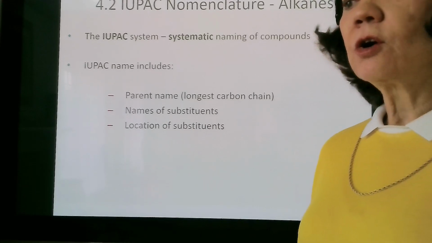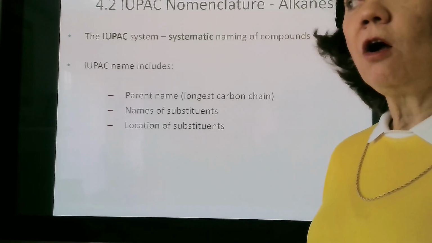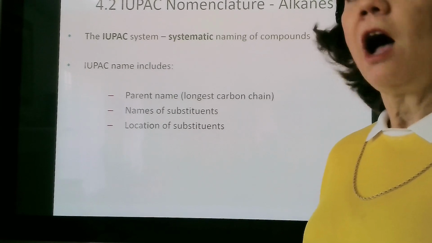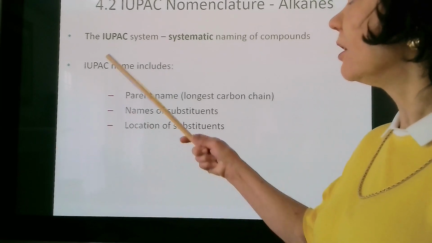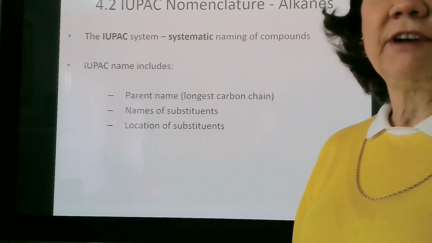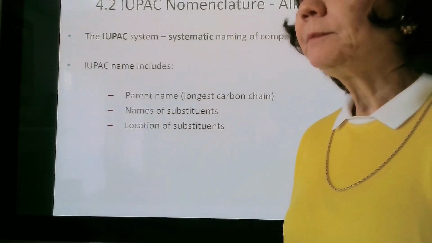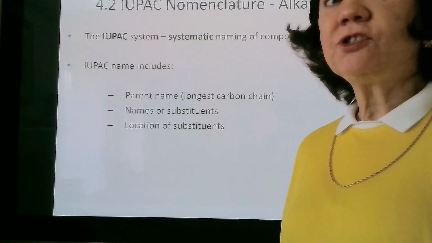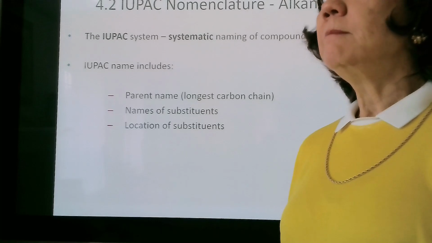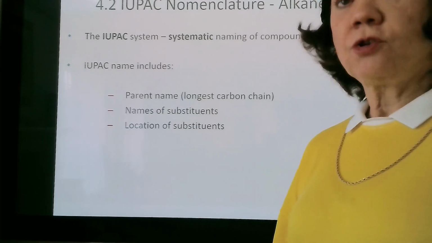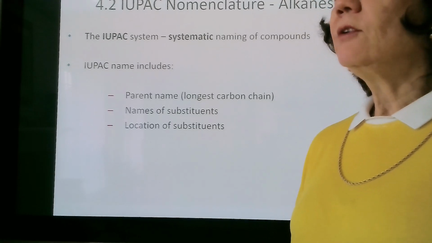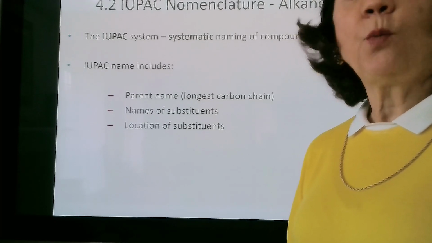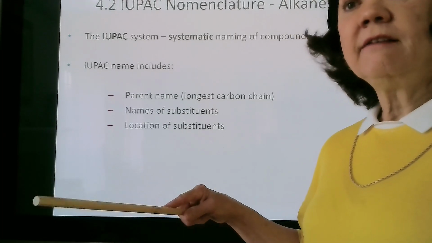And these are going to be families that all have a common functional group, or in the case of alkanes, they have no functional group. And so they will have similar characteristics and can be compared very well inside families.